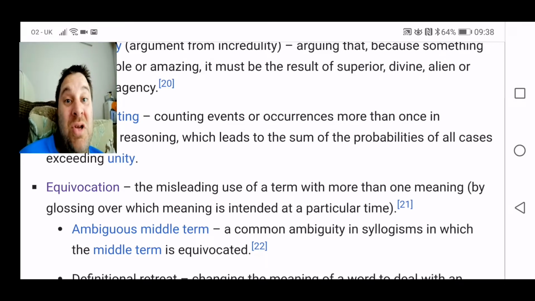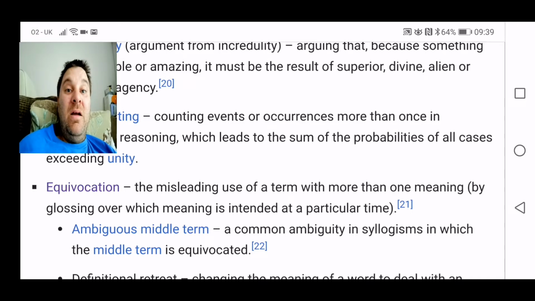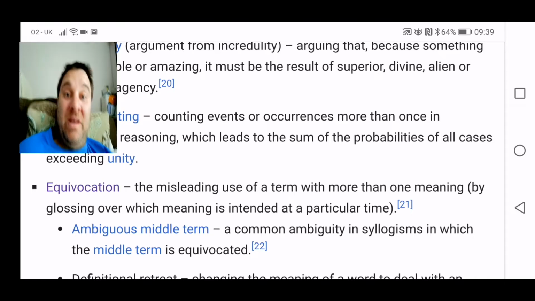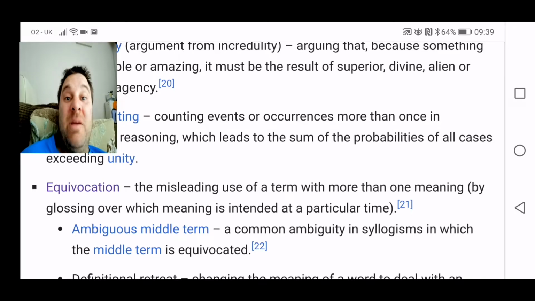So they're using these words and they've changed the meaning of the word level. Level to everybody means horizontal. On the level, horizontal. But to science it means curvature. It means level to the centre of the earth, so basically it means curving. So basically they've changed the meaning of the word level. Same as the word theory.